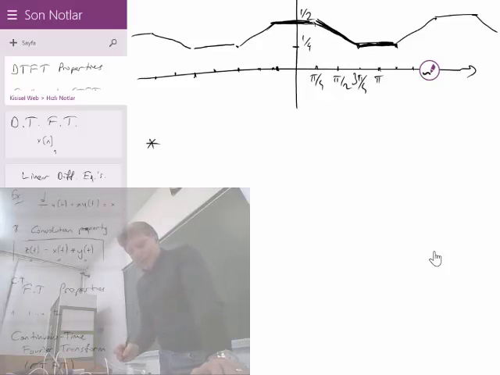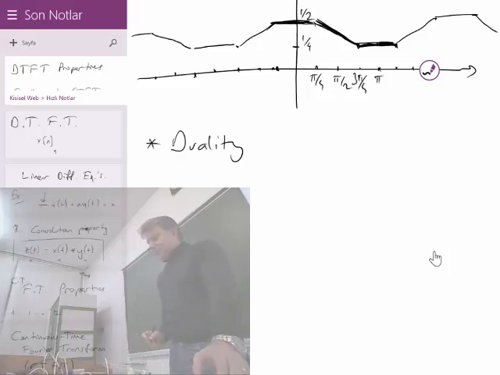So, the next property is the duality property, which is, I'm just giving the failing properties. The properties that are normal, we all know them, they are not difficult, they are the same in continuous time and discrete time, but the difficult ones are the ones that I'm trying to emphasize here.